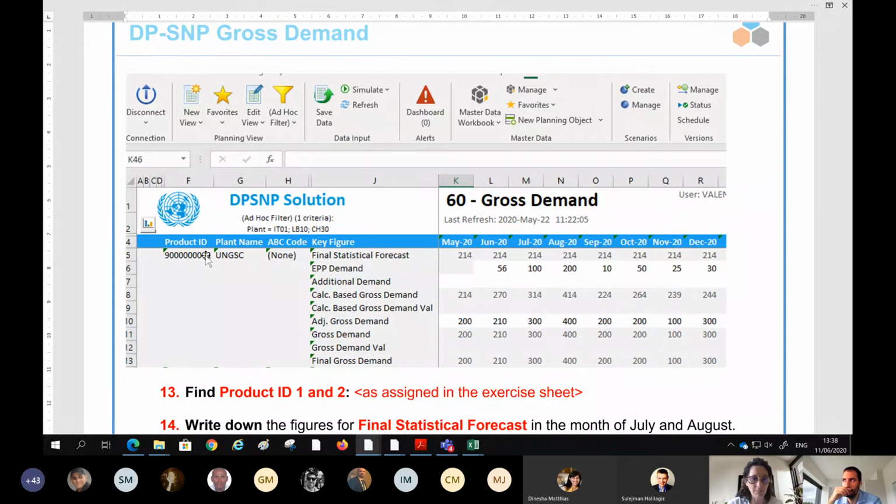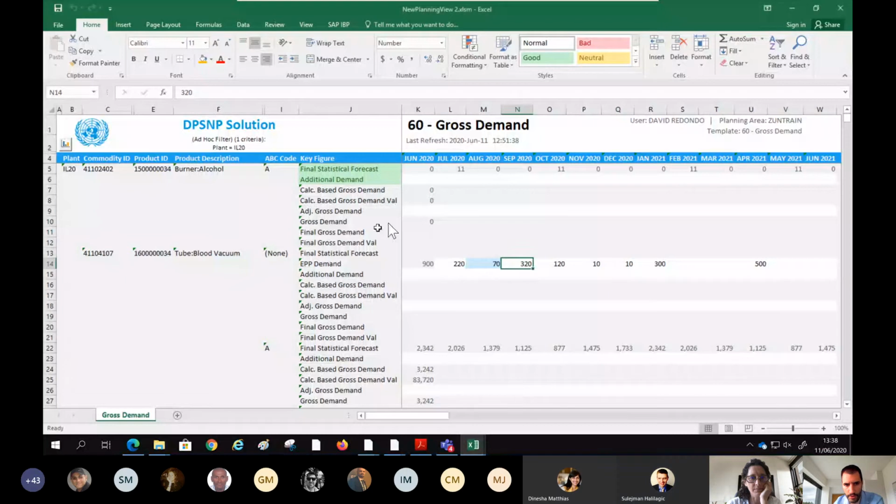Am I adjusting equipment, or a service? Is that correct? Yes, exactly. It's a very good question. If we are modifying here, remember that this is additional demand for this particular product, at a particular planning level.